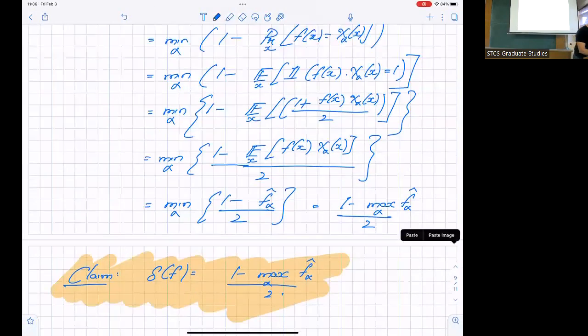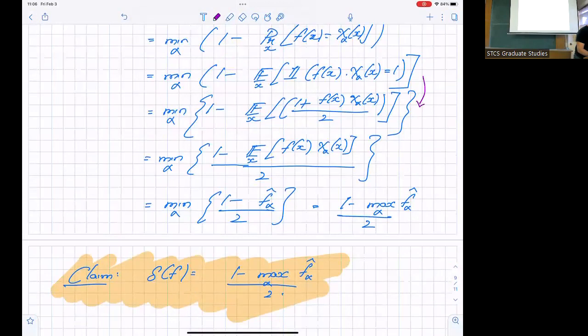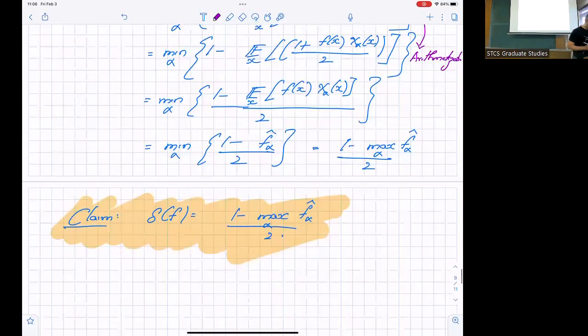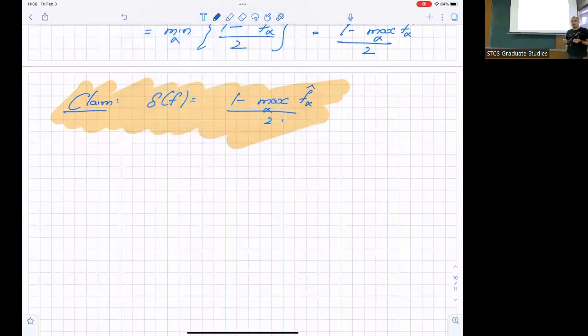This is an important step, and the magic is actually happening in that step. It's called arithmetization. When you stare at it later, you'll realize why. Now let's do the same thing, whatever we did for delta f, for epsilon f.